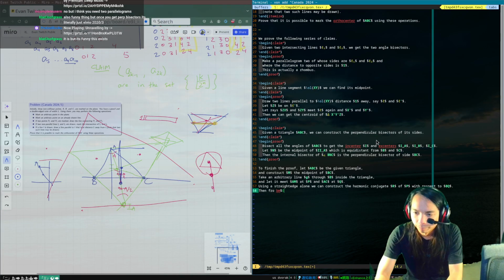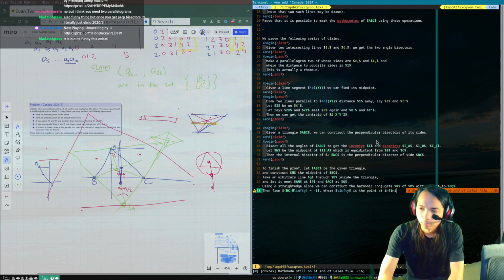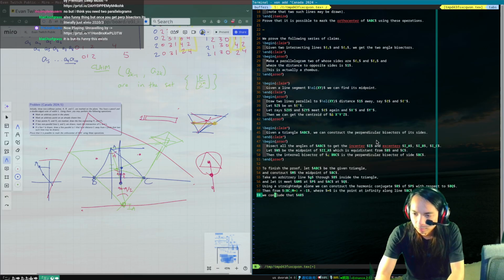Then from B, C, M, infinity with -1, where infinity, we conclude that AR is parallel to BC.